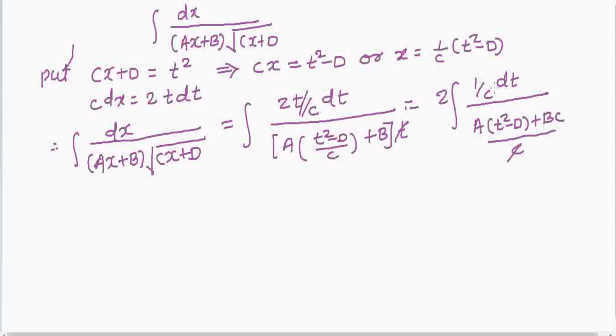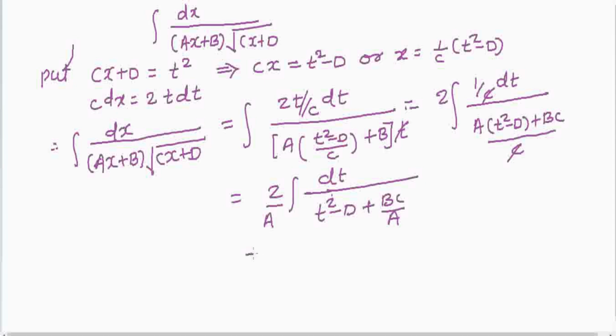Okay, this c and this c will be cancelled, and we have 2 into integration of dt divided by, now let us take a common. If we take a common, a into t square minus d plus bc divided by a.